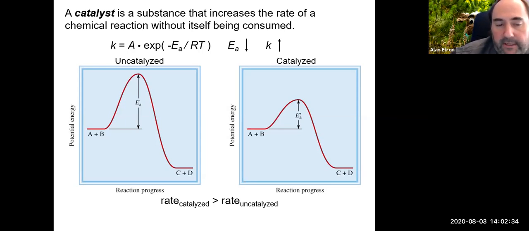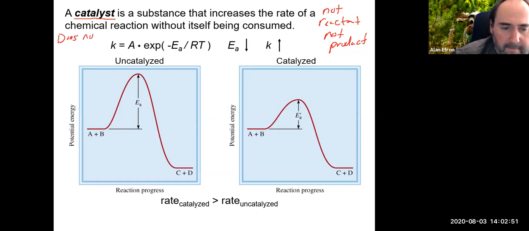A couple important things about catalysts that I think we mentioned earlier, but just a reminder: a catalyst is not a reactant, it's not a product, and it does not get used up in a chemical reaction. It's there at the end.